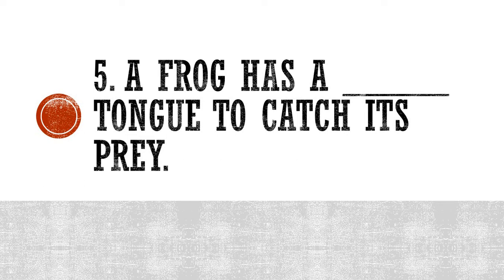If you have written the answer, let's see what the correct answer is. A frog has a sticky tongue. You know that a frog has a sticky and long tongue, but here you have to write sticky. There are two reasons behind it. One is that in your fair book it is already there, sticky tongue. Second, sticky is the important characteristic, because if it is not sticky, the frog will not be able to catch its prey. So please remember this, and the spelling of sticky should also be correct.